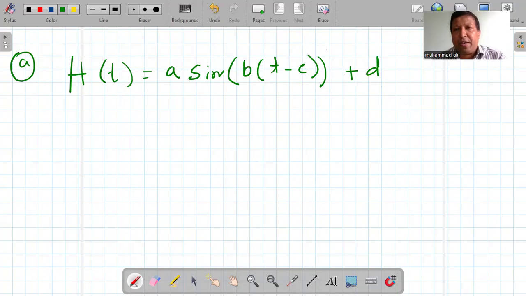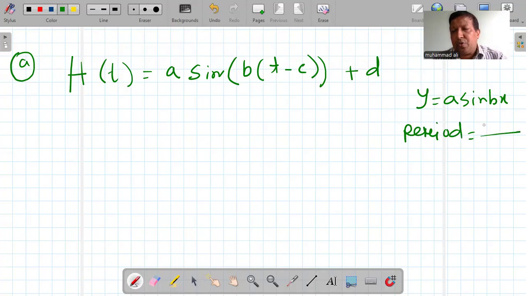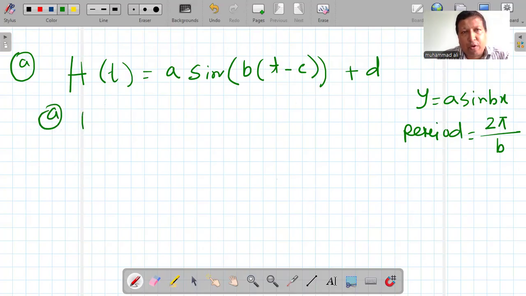We know from the sine function, if the function is y = a sin(bx), to find the period the formula is: if it is in degrees, 360 degrees; if it is radians, 2 pi divided by the coefficient of x. Then we get the period. Here in this function, we want to find the b value, so we write down the period formula for this function.